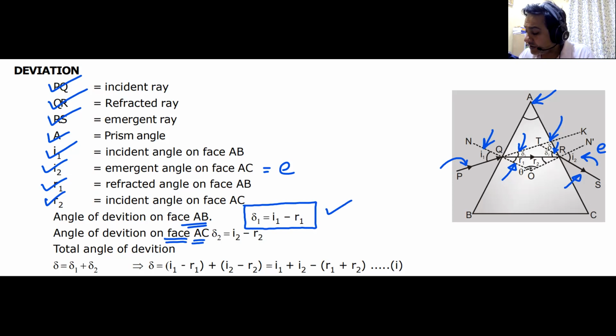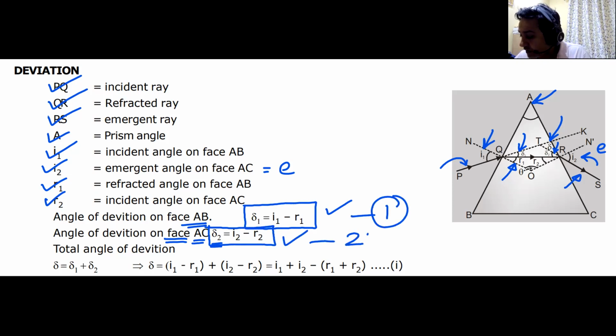Similarly, deviation angle delta 2, which is the angle of deviation on the second face, will be equal to I2 minus R2. These are the first two formulae that you must remember about this topic of prism. What is the first formula?